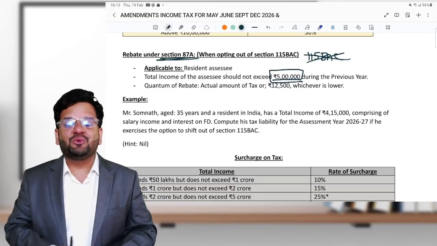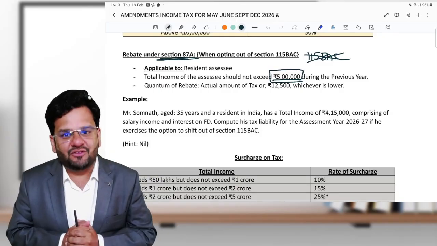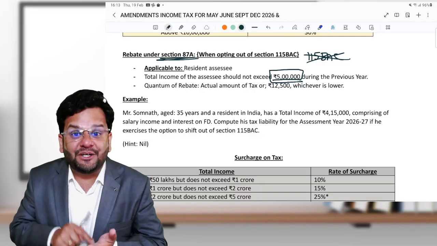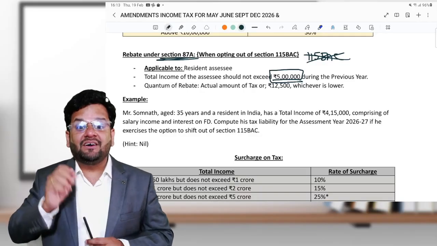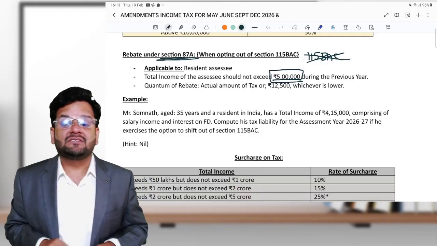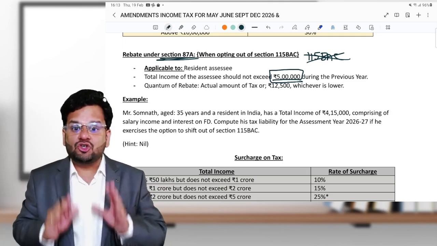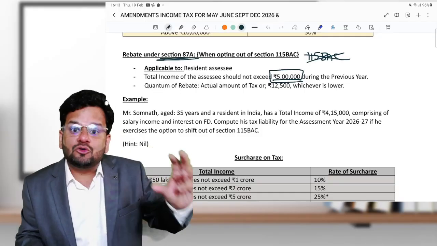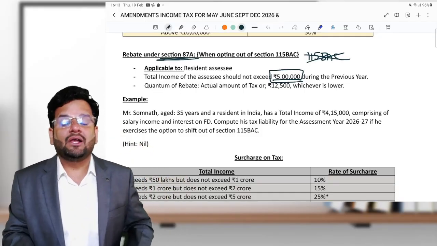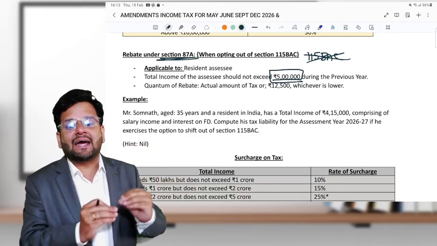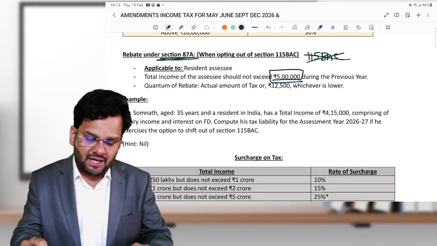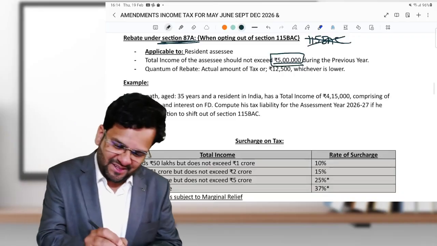Again, reminding you, if you are in 115BAC, then for applicability of rebate, the limit is rupees 12 lakh. In short, if you have income up to rupees 12 lakh, you will not end up paying any tax as per 115BAC. Okay.